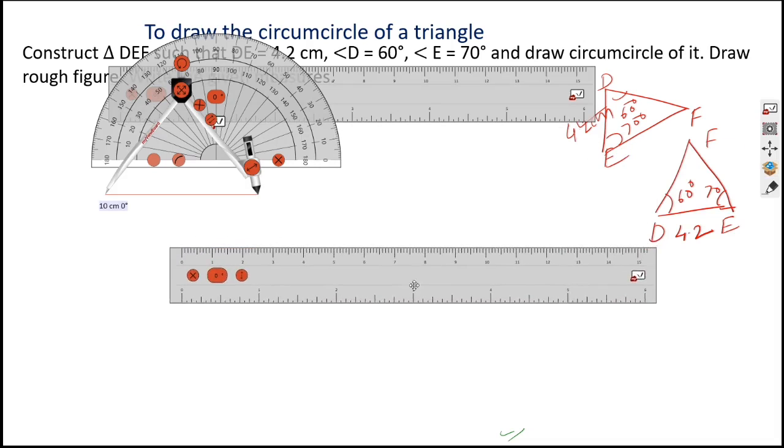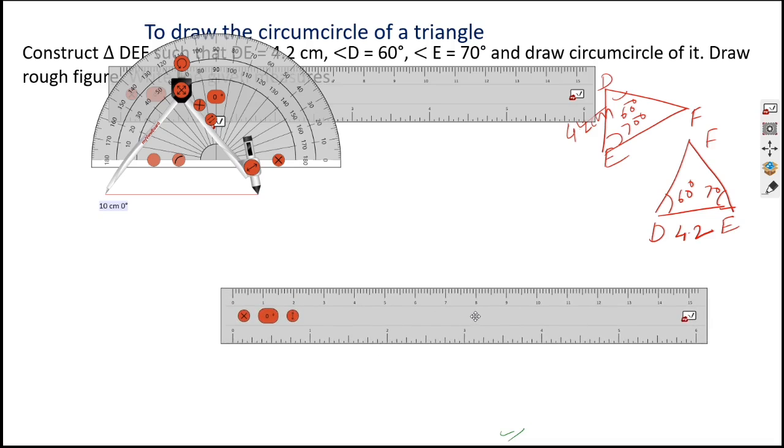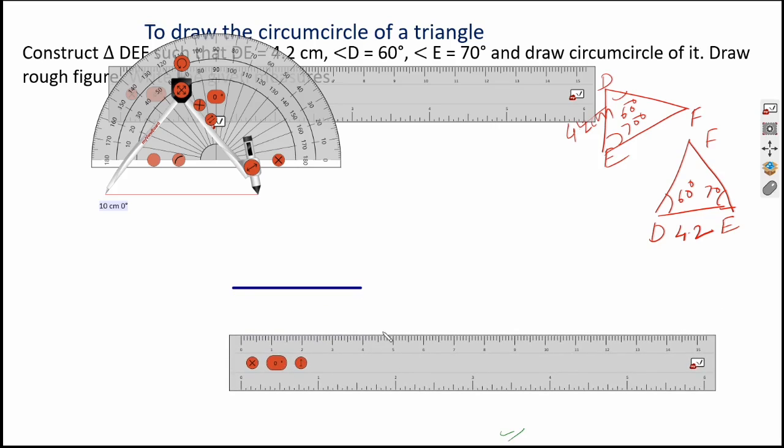I need to draw DE first, which is of 4.2 centimeter. This is DE.